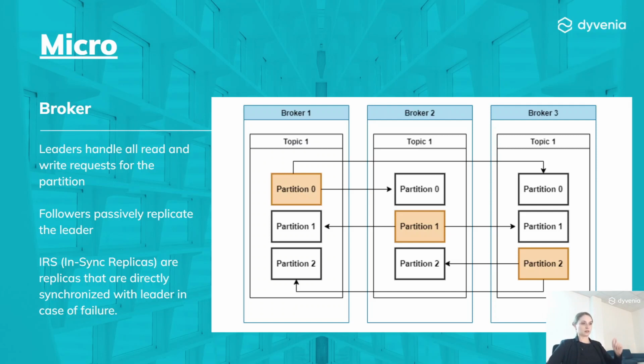There is also one follower called an in-sync replica. It's directly synchronized with the leader. In case the leader fails, the follower that was an in-sync replica can directly take the place of the leader. So there is no way that Kafka can actually fail. I mean, there is, but you know.